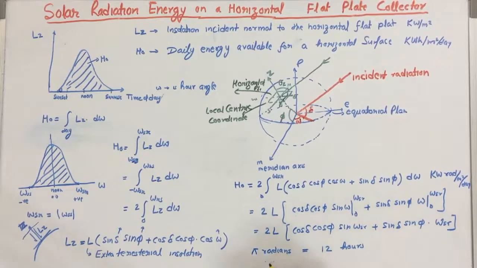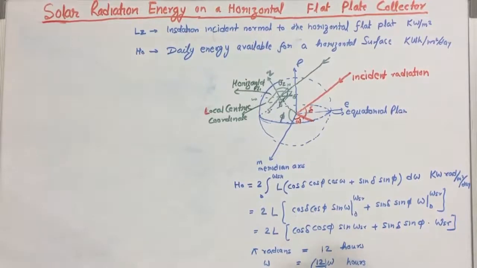Then omega radian will be covered in 12 by pi times omega hours. So this is the constant term, this is the conversion factor, you can say.